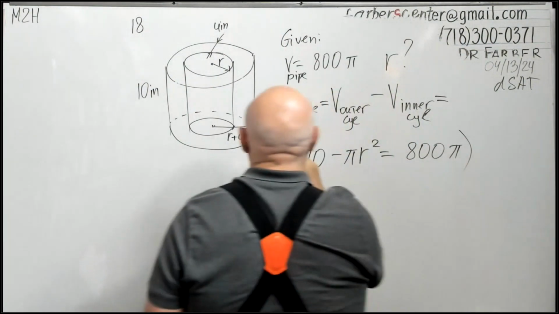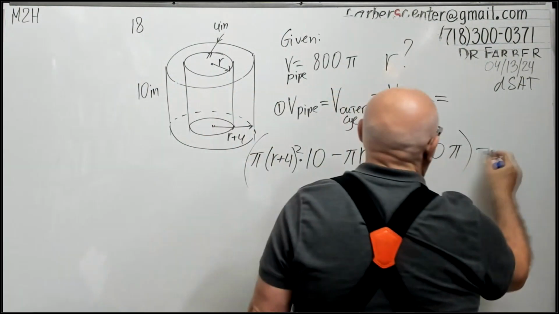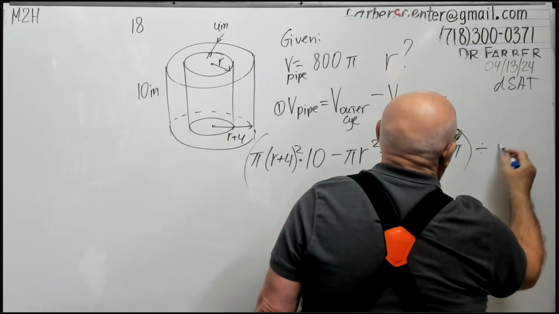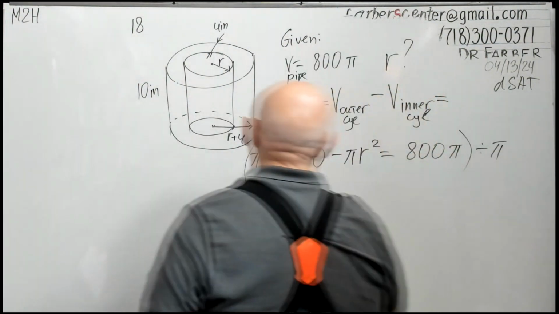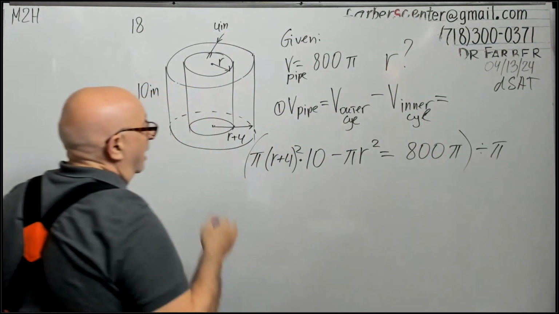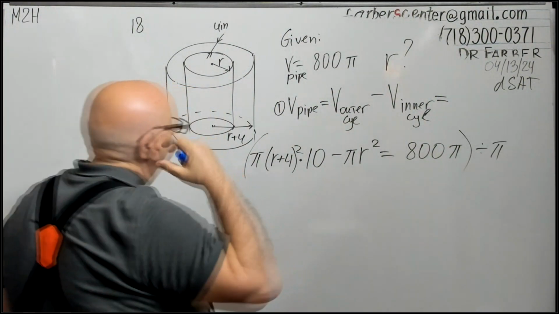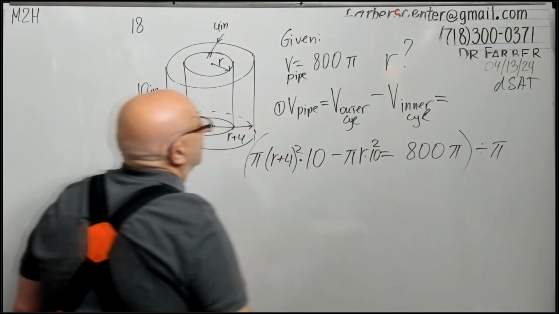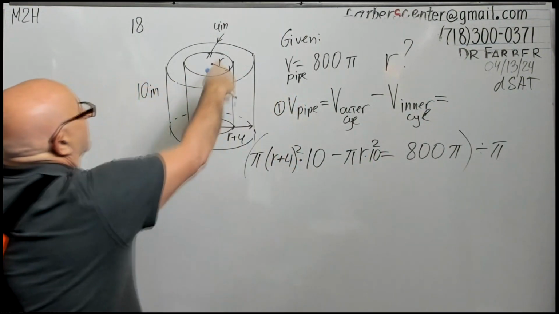I can divide everything by pi to get rid of this pi. In addition, to save time and space, I will also put times 10 here, the same height.